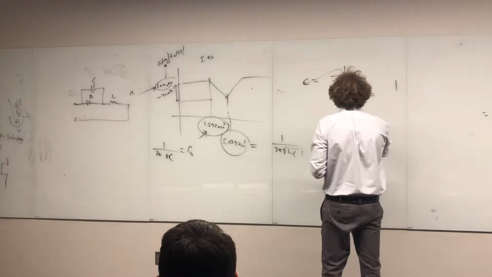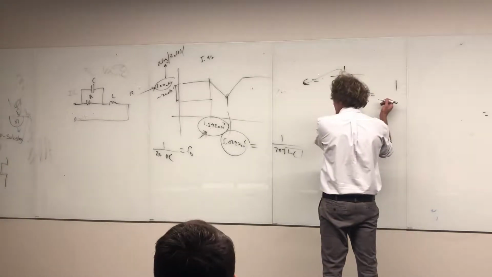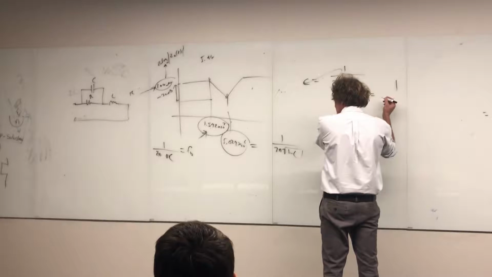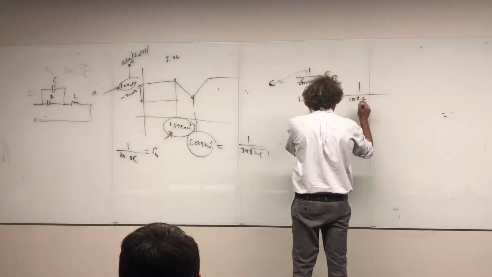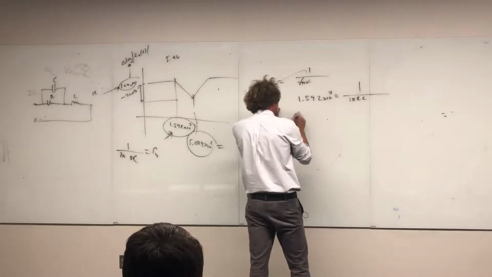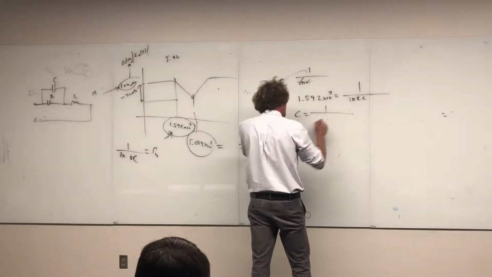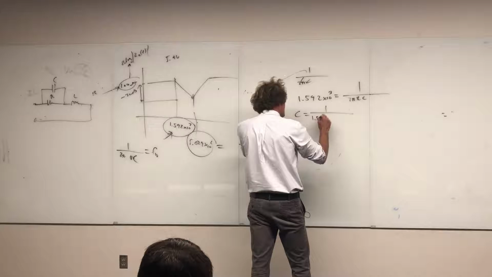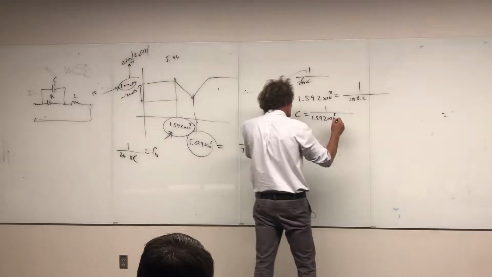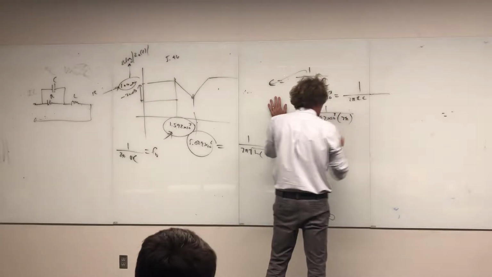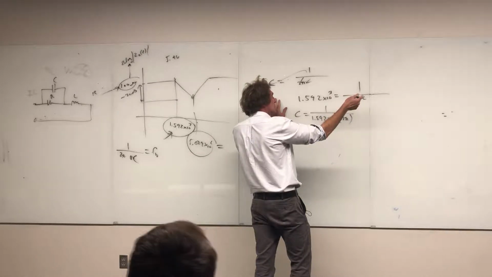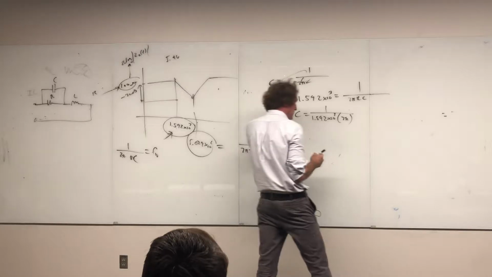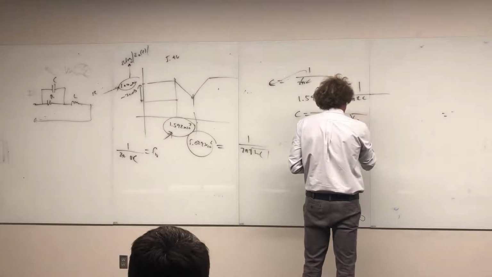So 1.592 times 10 to the third equals 1 over 2 pi R times C, and R is 100, therefore C is equal to 1 over 1.592 times 10 to the third times 2 pi, divided by R, which is 100.